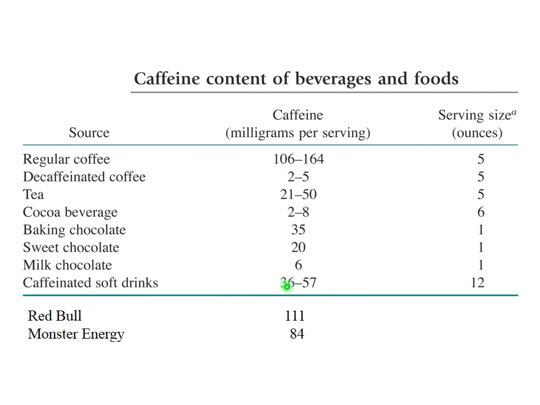In caffeinated soft drinks, you have 30-50, but energy drinks will have as much as regular coffee has. So that's how we did it. We started with problem, we took sample, we process it, we received results, we analyze them, and we look at results in our report.